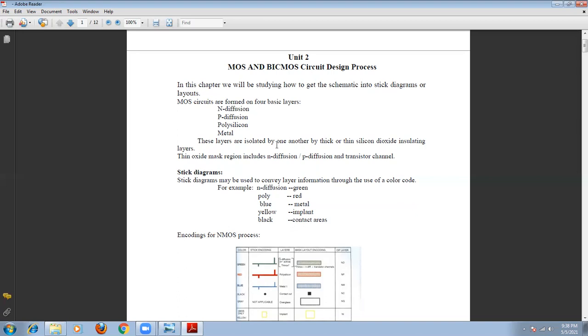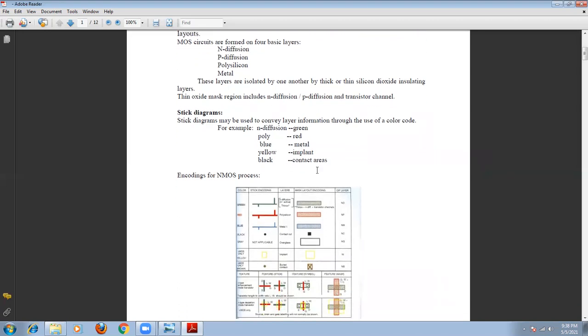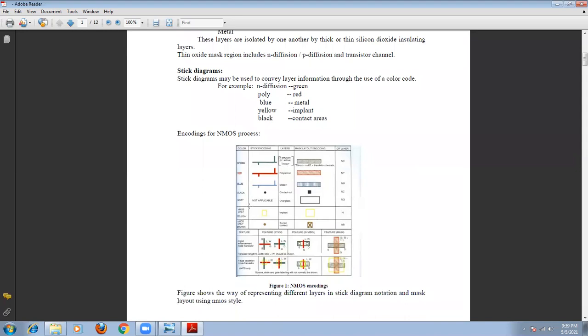Okay, so to draw this stick diagram, we require these layers. Not only these layers, we have different types of points that you have to remember. We have encoding procedures for NMOS technology. Okay, what are the encoding procedures for the NMOS technology? Let's just observe here.